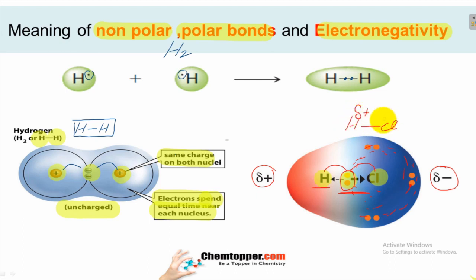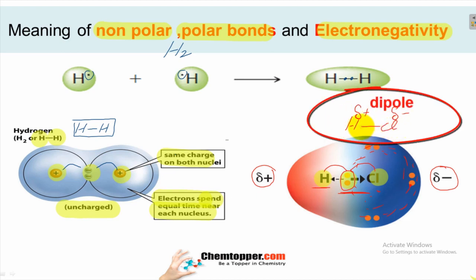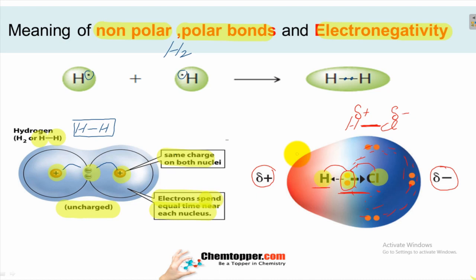Hydrogen with partial positive charge, chlorine with partial negative charge, and that's how two poles are created in the chemical bond of hydrogen and chlorine, and this is called a dipole. So, the molecule has polarity, the bond is polar, and it has a dipole.